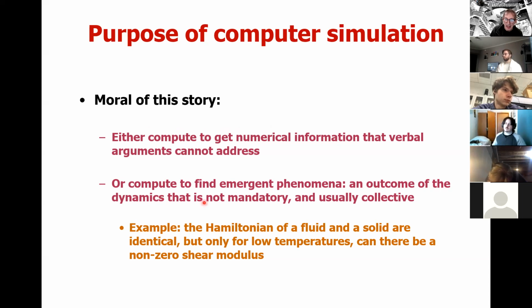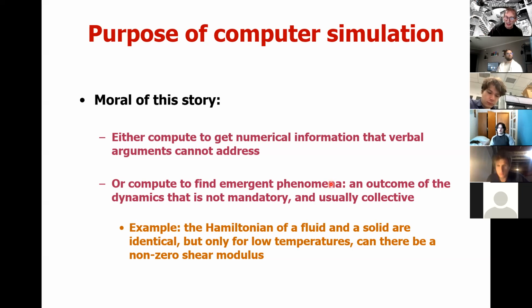An outcome of the dynamics that is not mandatory and usually collective, just as we were talking about last time. So a question that you might want to ask is, what are the states of the system? What is the phase diagram of, say, a social system? What is the phase diagram of a superfluid, or a Mott insulator, or whatever it might be?